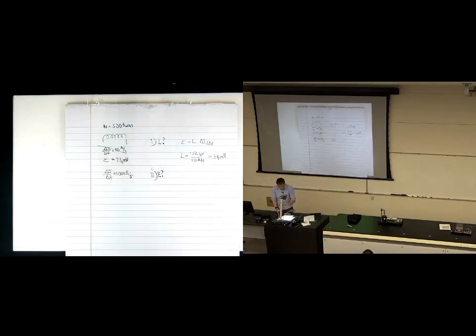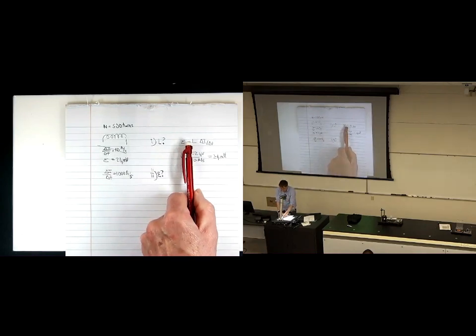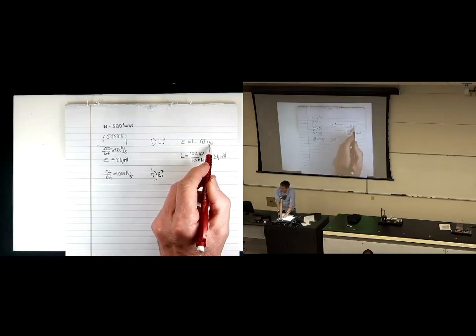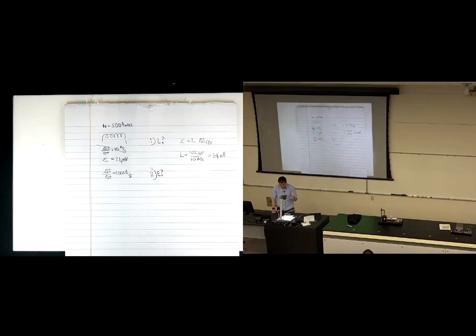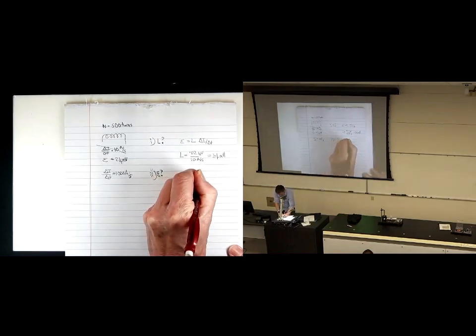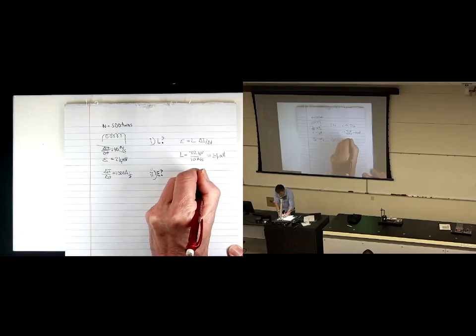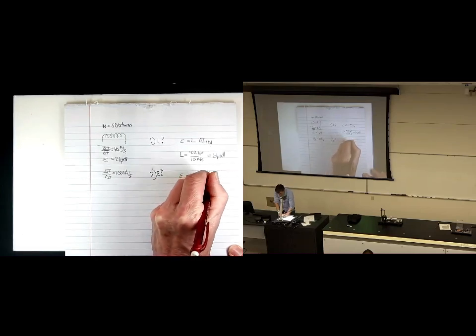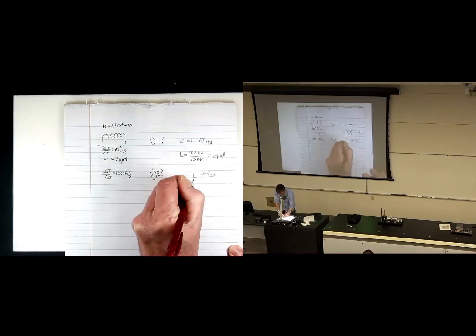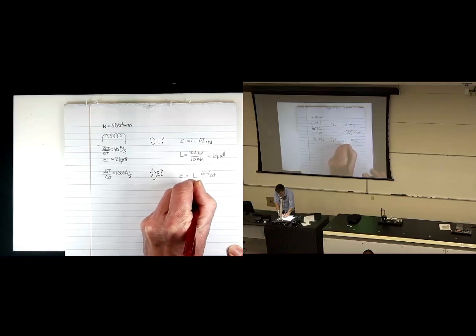Well, we can go back to our relationship between the induced EMF, the result, the effect, and the change in current, the cause, the origin. In this particular case, induced EMF equals the rate of change of current times the self-inductance. Well, we know the self-inductance now is 2.4 millihenries, or 2.4 times 10 to the minus 3 henries.